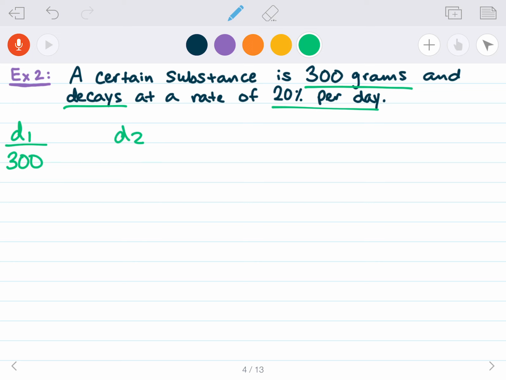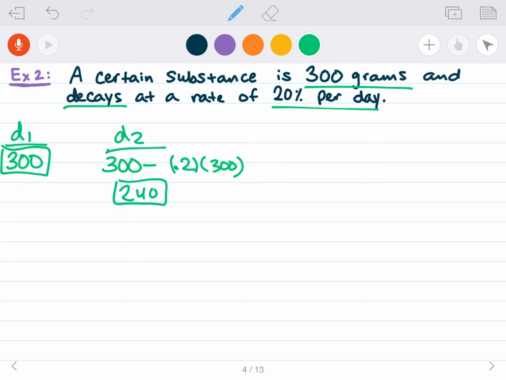On day 2, it's decreasing by 20% per day, so we're taking 300 and taking away 20% of 300. That's going to give us 240. So you can see that we're decreasing, going from 300 on day 1 to 240 on day 2.